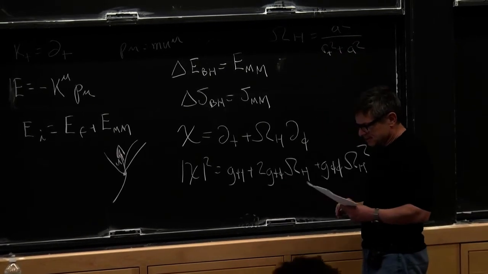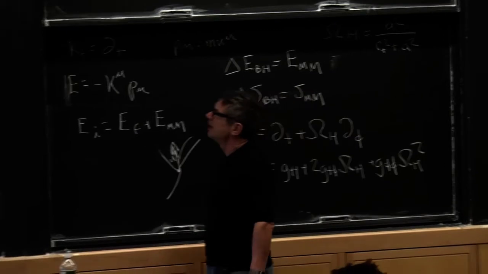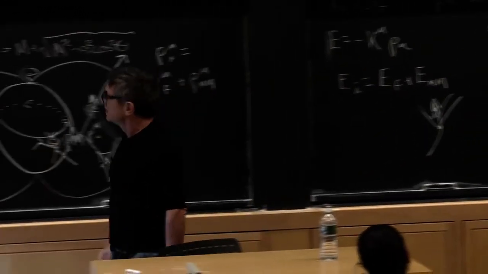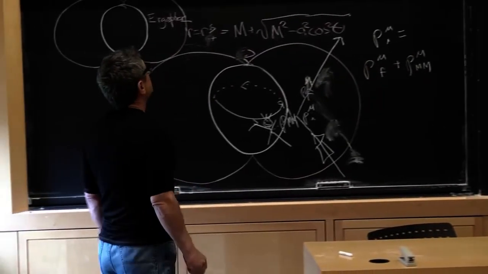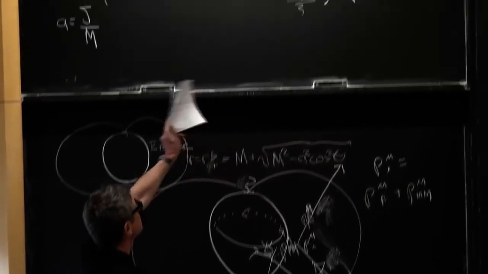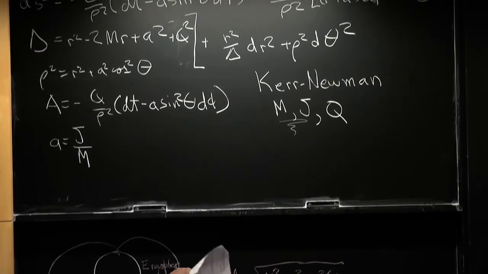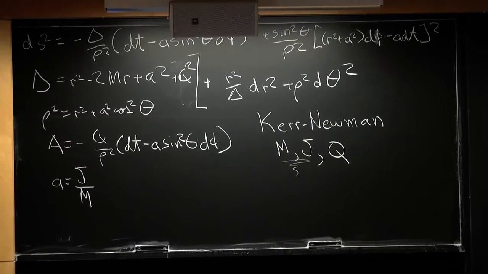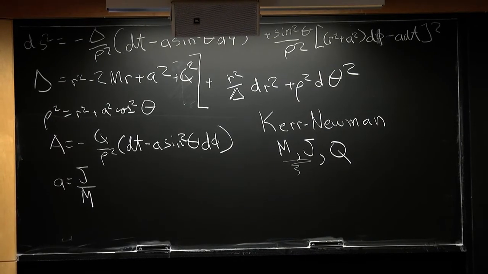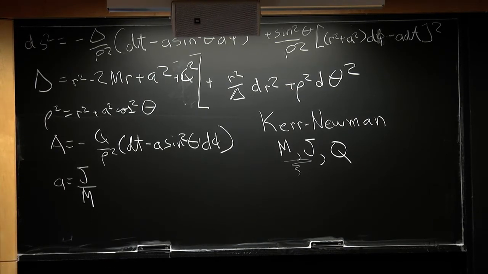So the parameters of a Kerr black hole, we're setting Q to 0 now, are m and j. But just to be clear about this, A is determined by j over m, and r plus is m plus this.